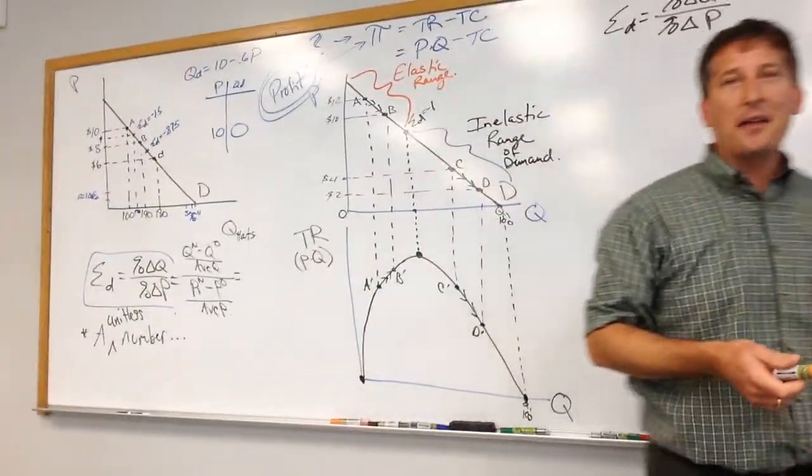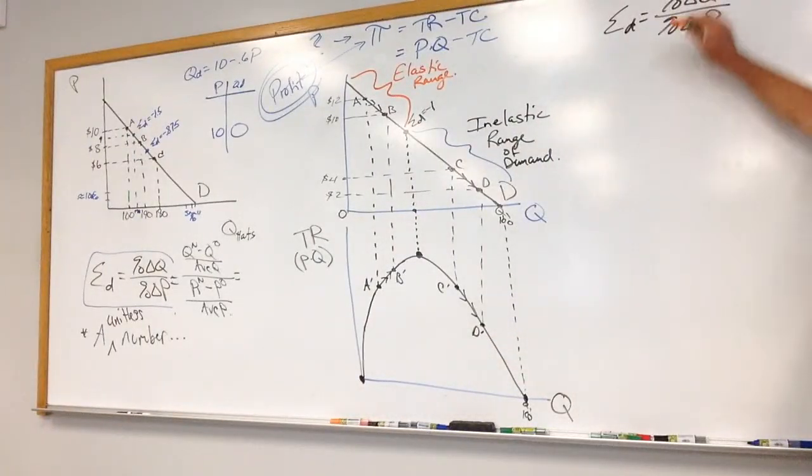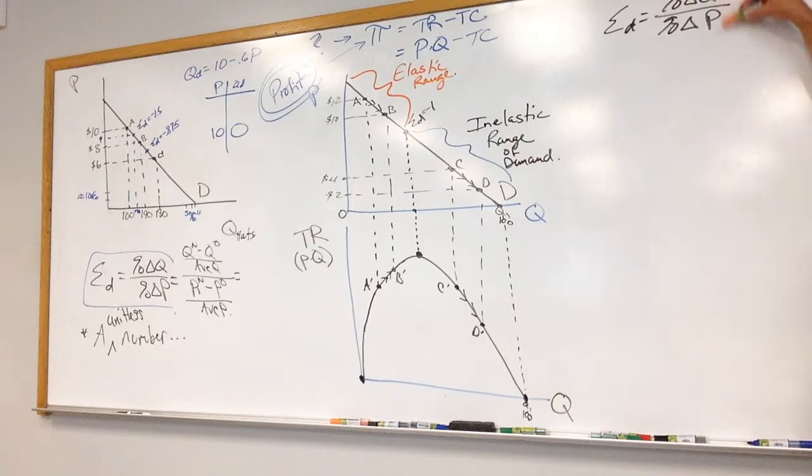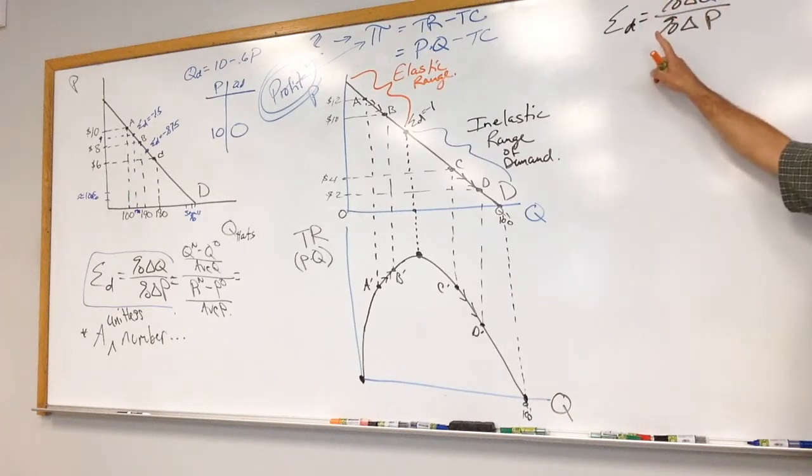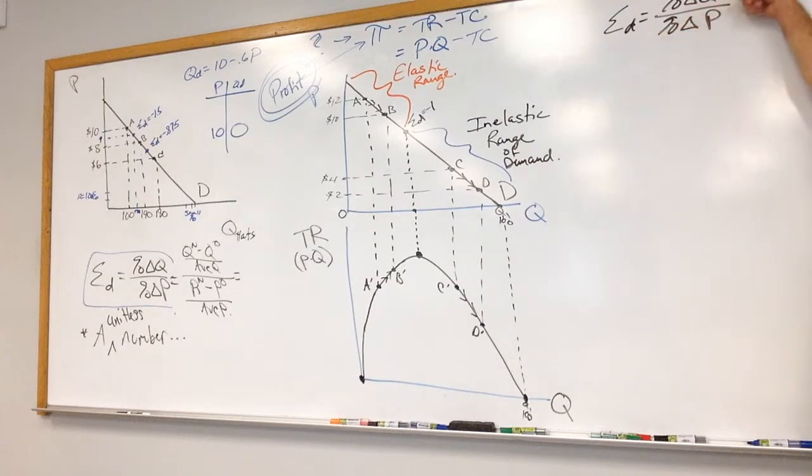Again, using our math that we're hopefully starting to become a little bit more comfortable with, if I look at this formula, in order for this expression to be greater than 1, the upstairs has to be bigger than the downstairs, right? So the quantity changes are going to be big relative to the price change in terms of percentages.